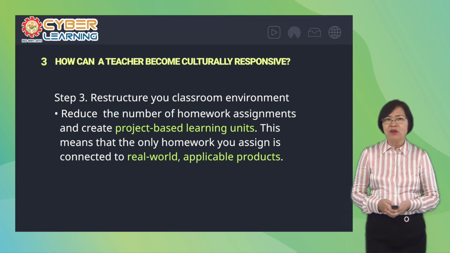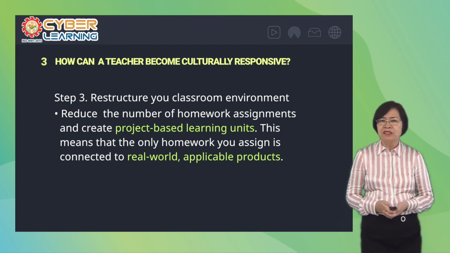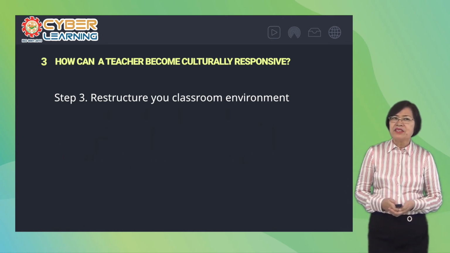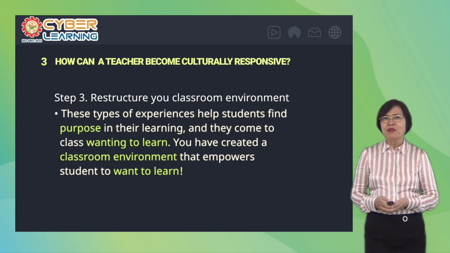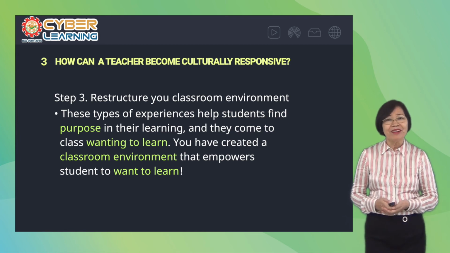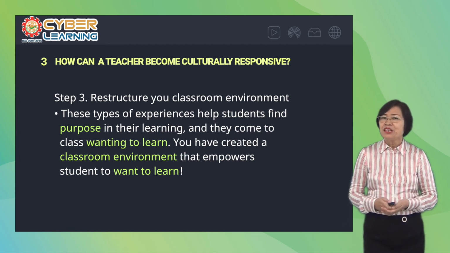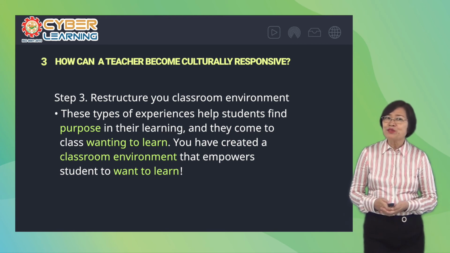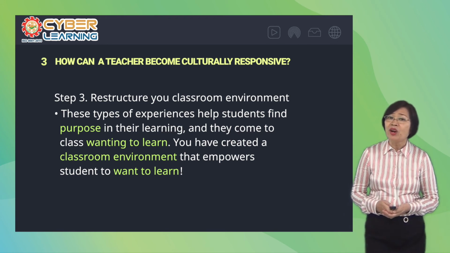This means that the only homework you assign is connected to real-world applicable products. These types of experiences help students find purpose in their learning, and they come to class wanting to learn. You have created a classroom environment that empowers students to want to learn.